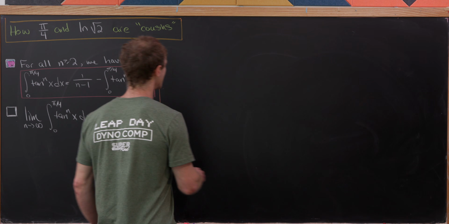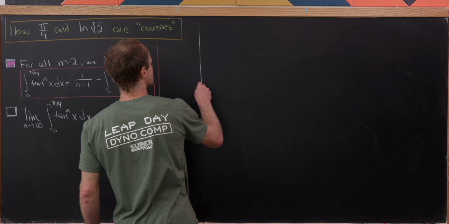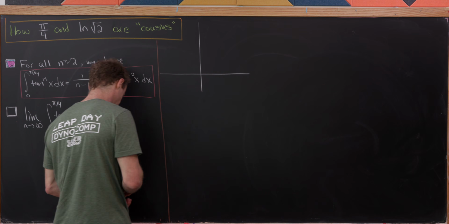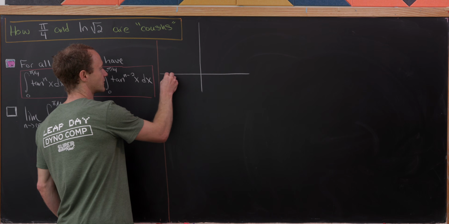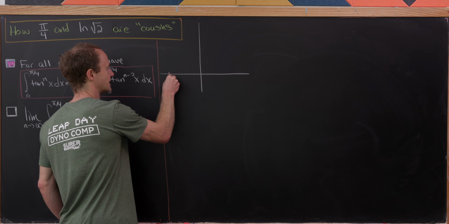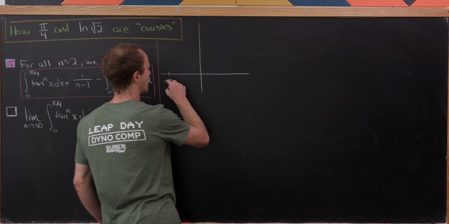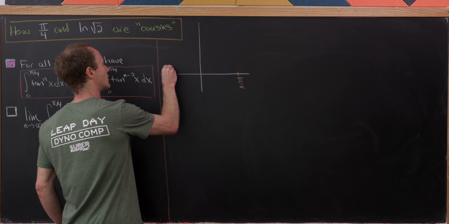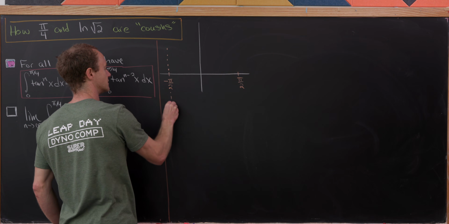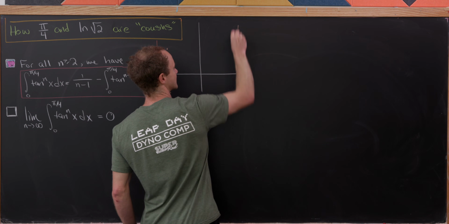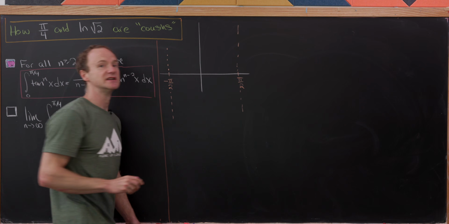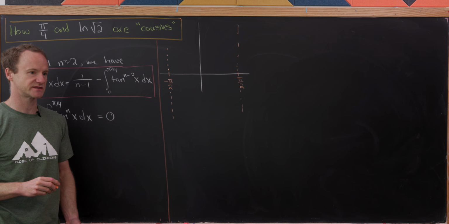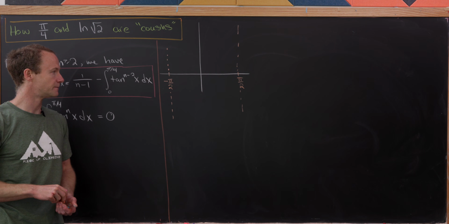Okay, so in order to motivate what's going on here, let's make a little bit of a picture of the tangent function. So let's go over here and put maybe negative pi over 2, and then also pi over 2. Those are the well-known vertical asymptotes of the tangent function. That's because tangent is sine over cosine, but cosine is equal to 0 at pi over 2, whereas sine is equal to 1.